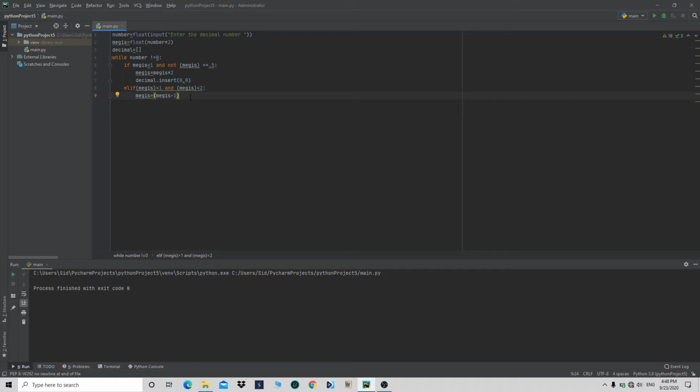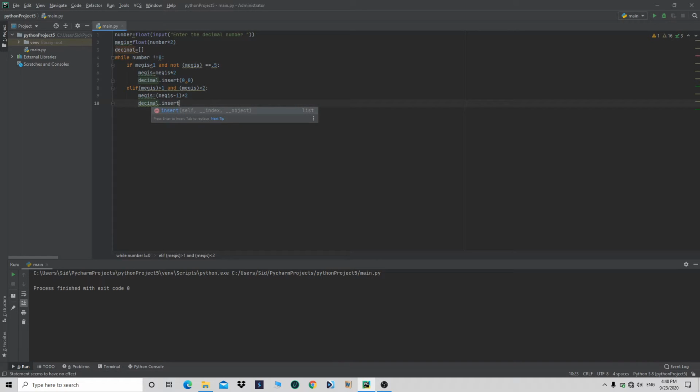So we're going to multiply it by 2, we modified it, and we're going to insert into decimal at index 0 the value 1.